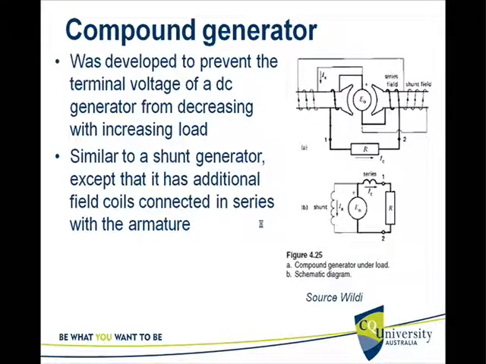So to counteract that problem, they came up with this compound generator, where you have two segments of winding. One is in series with the armature, the other one is in parallel, similar to a shunt generator, except that it has additional field coils connected in series with the armature.